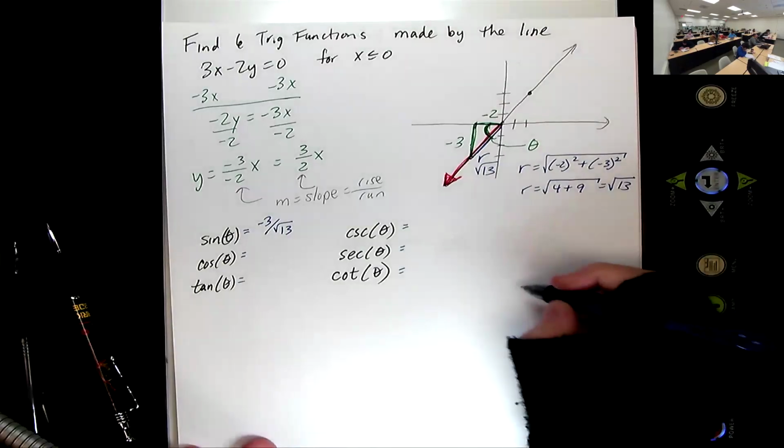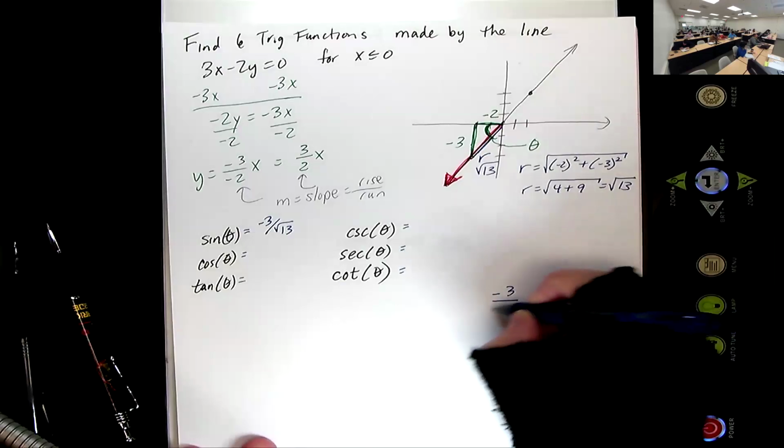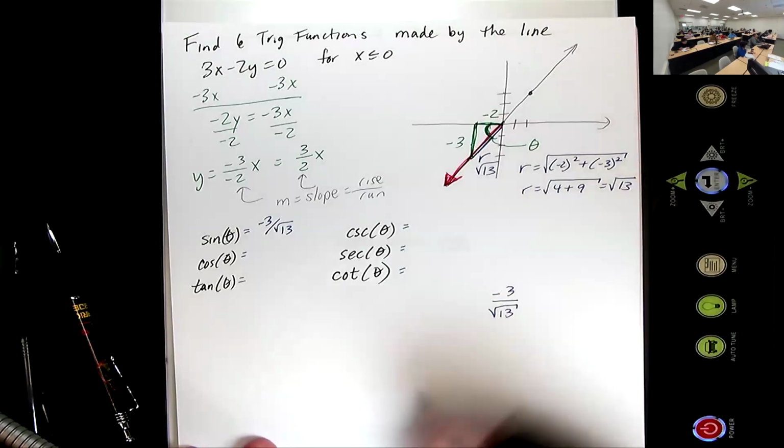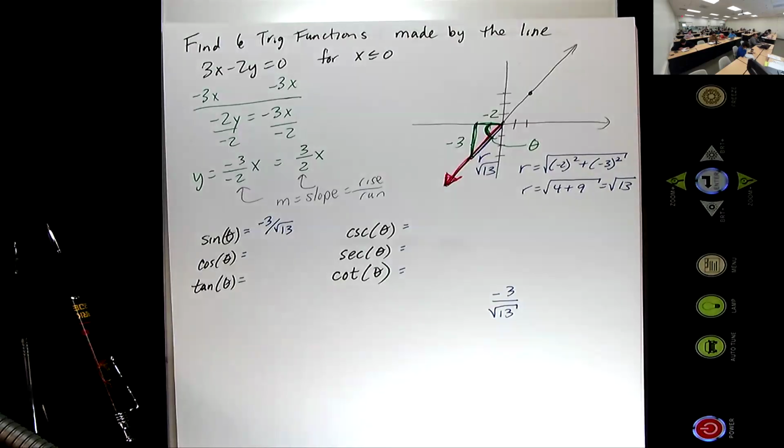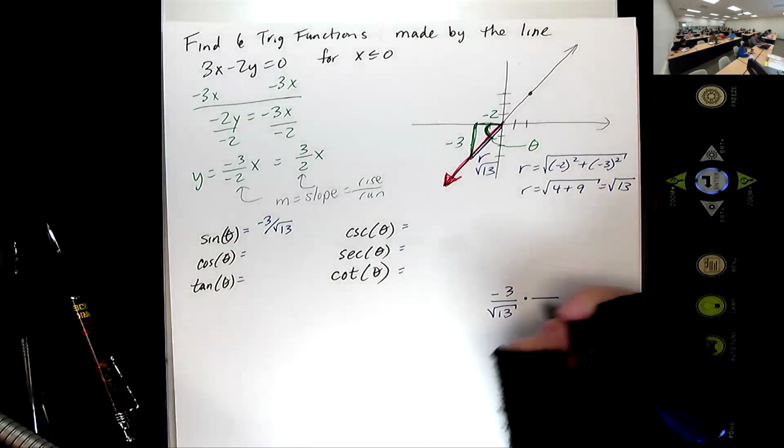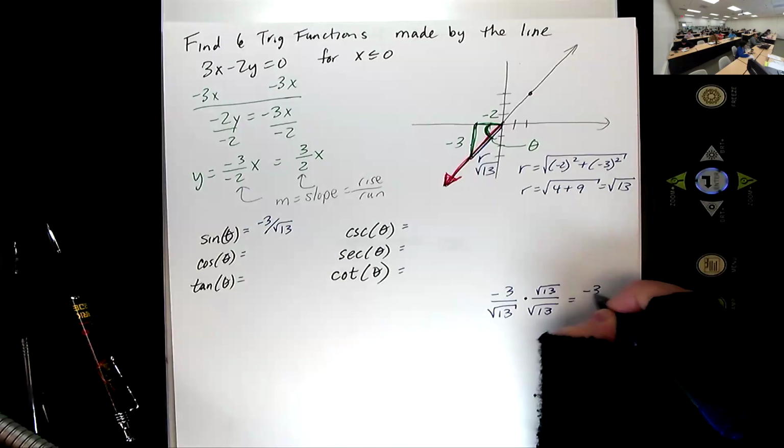Now, you should not leave radicals in the denominator. So a quick reminder from algebra of how to get a radical out of the denominator: multiply the top and bottom by the same radical. This makes that -3 root 13 over 13.